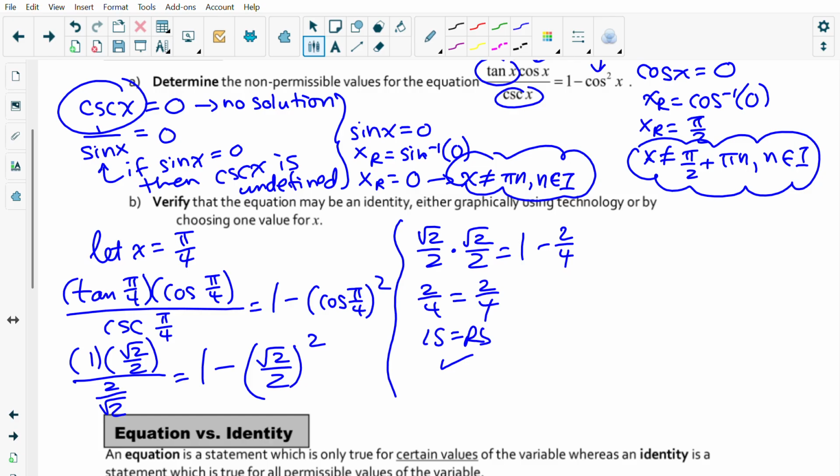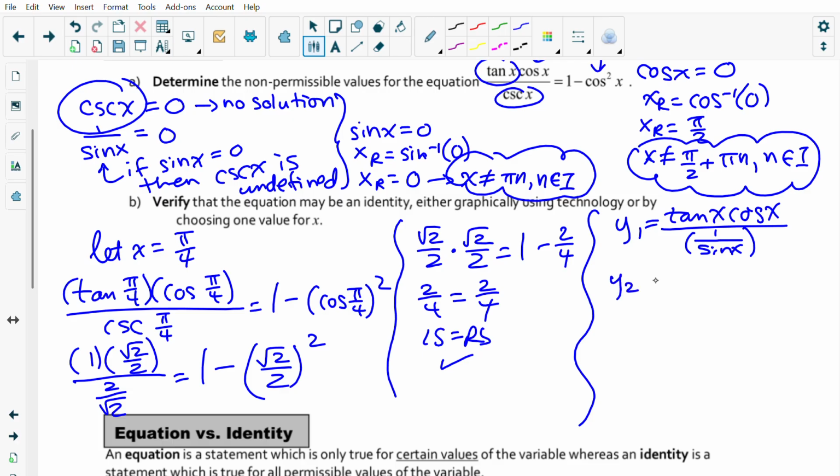Okay, graphically, y1 equals tangent of x cosine of x. So just type all of this into your graphing calculator over the cosecant of x. Well, instead of cosecant of x, you can plug in there 1 over the sine of x. So you're just going to have to be careful with your brackets when you're entering this in. y2 equals 1 minus cosine squared of x.